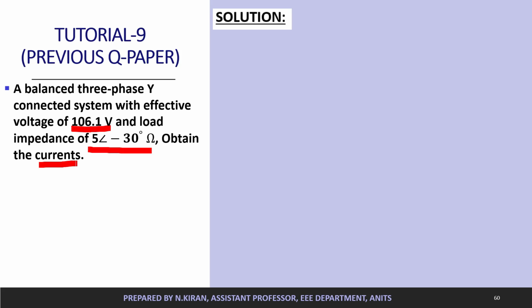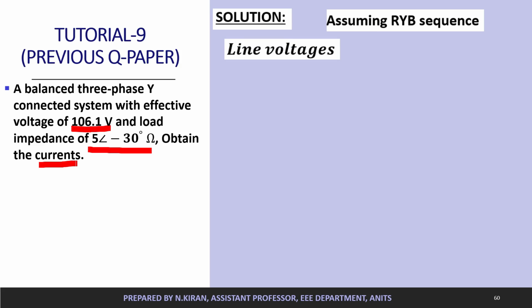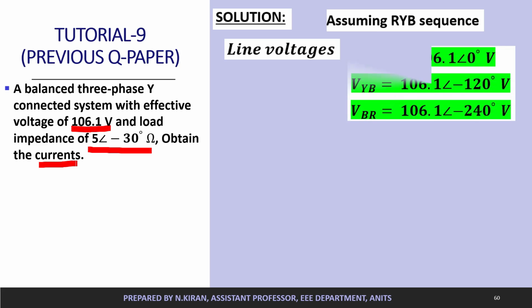Assuming that this is RYB phase sequence, the line voltage magnitude is given as 106.1 volts. You know that in a three-phase balanced system, every line voltage will be equally displaced by 120 degrees.